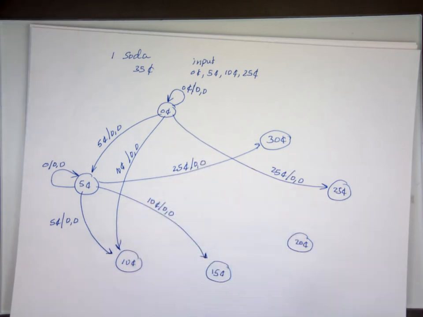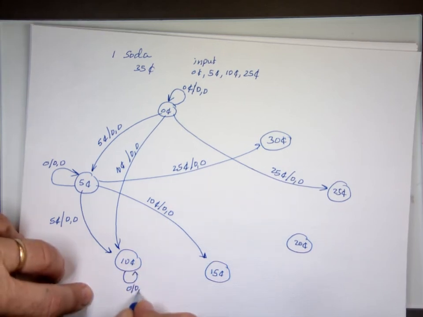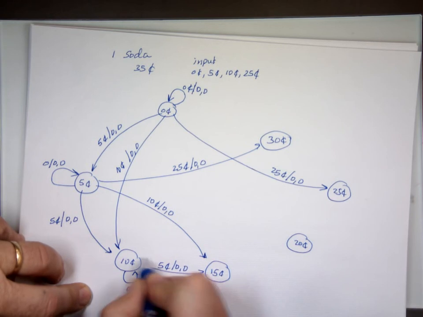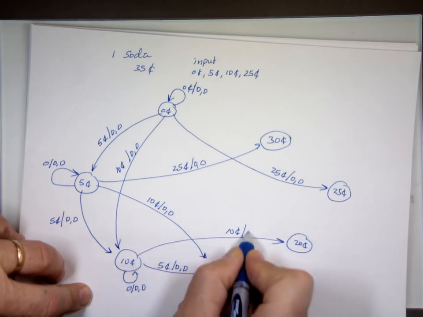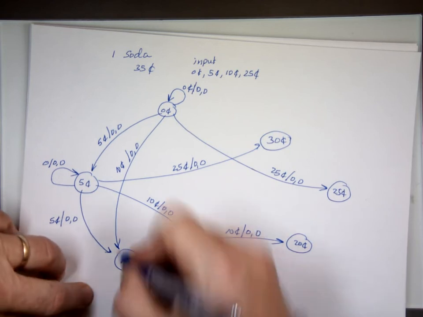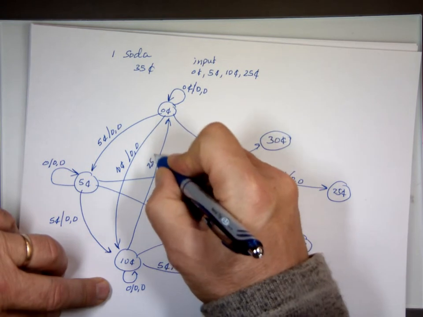If you have the 10 cents, you put nothing, you get nothing. 5 cents, 10 cents, you go to 20. What about if you put 25 cents now? You got to go back, reset the machine. Give you what? 1 candy and no change back.